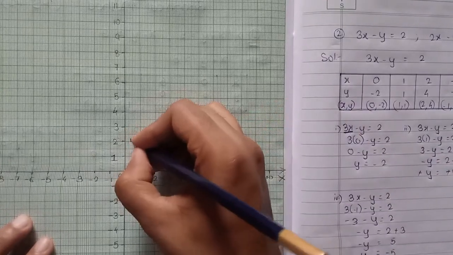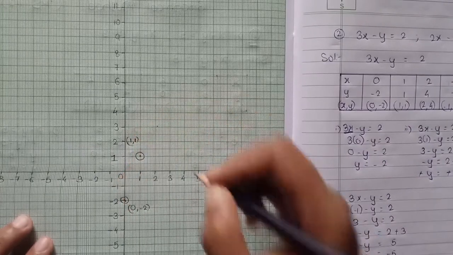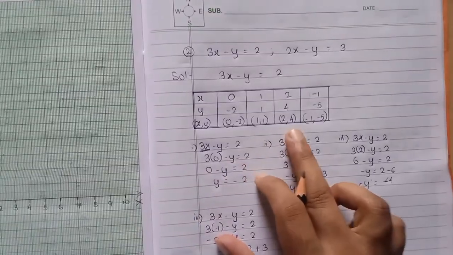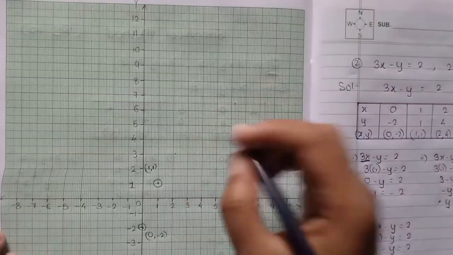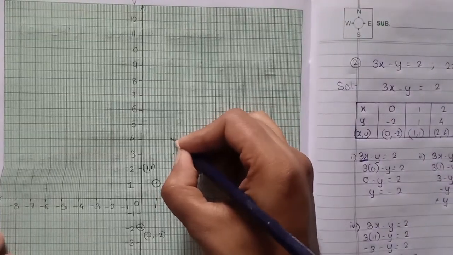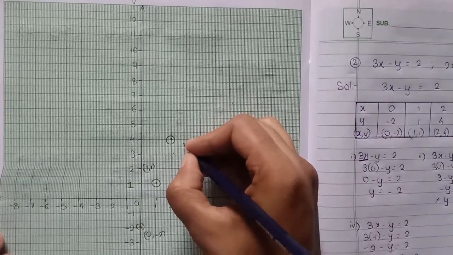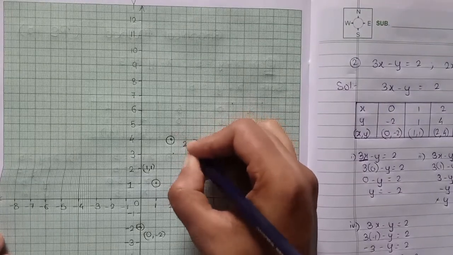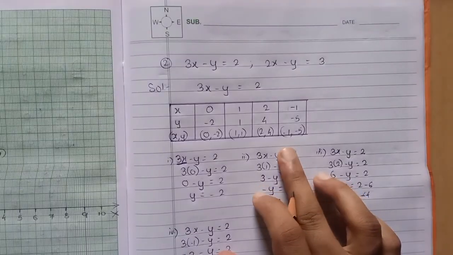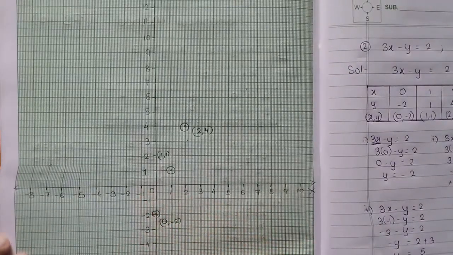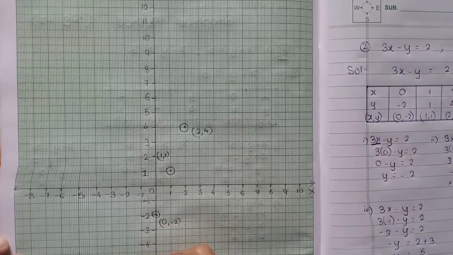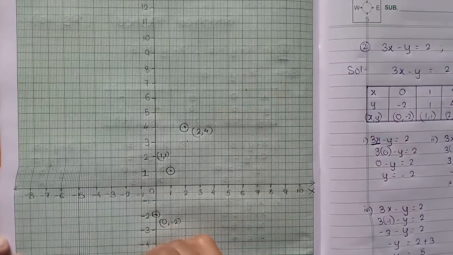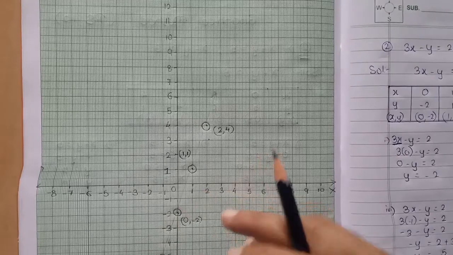Name it 1 comma 1. Next point is 2 comma 4. X is 2, y is 4. This is our point. Name it 2 comma 4. The last point is minus 1 comma minus 5. X is minus 1 and y is minus 5. So this is our one, minus 1 comma minus 5. Draw a line passing through these points.